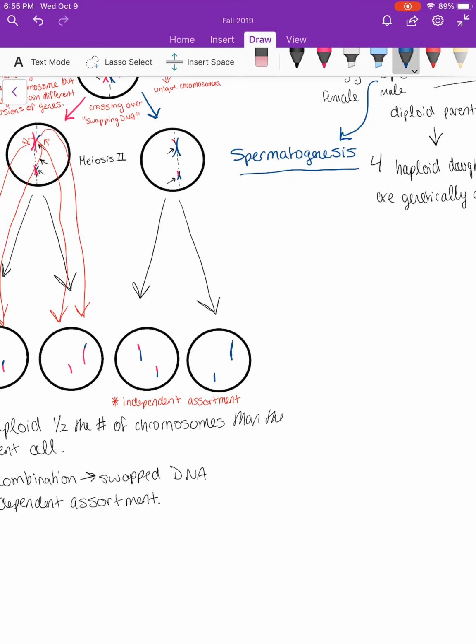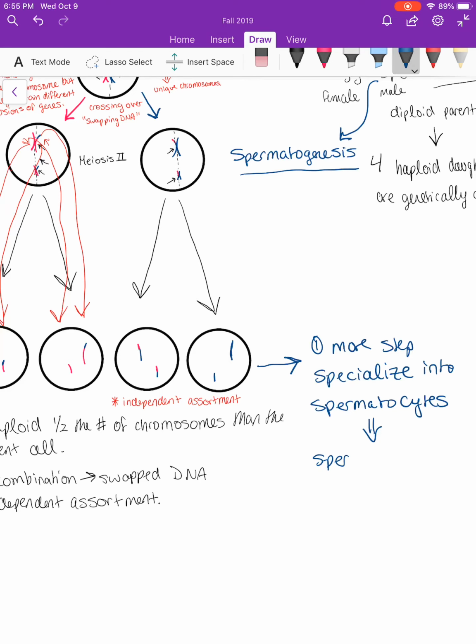After this step, it has one more step, and that step is to specialize into spermatocytes, which means essentially sperm cells, right? So you don't have to know how they specialize into spermatocytes.